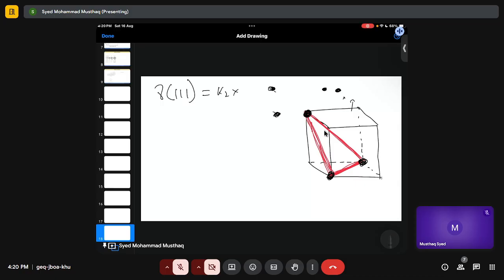Right. So let me make it more clear. So let's first draw the lattices. This is the one. Okay. There is another one. So you have 1 here, you have 2 here, 3 here.